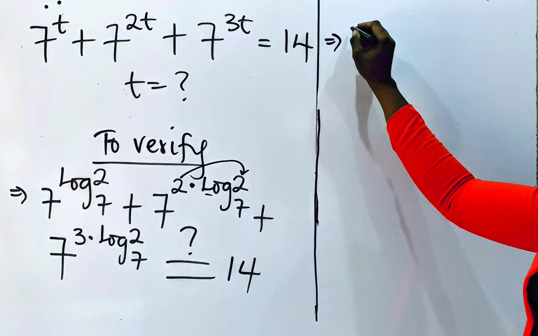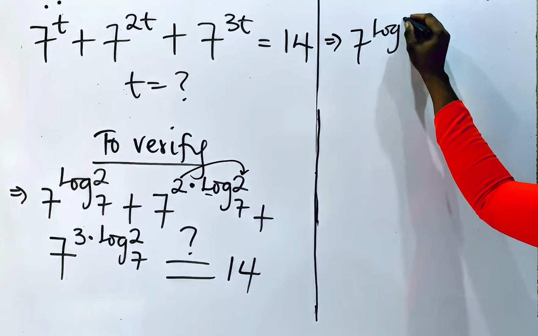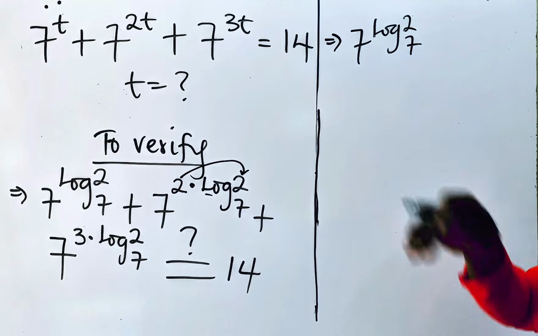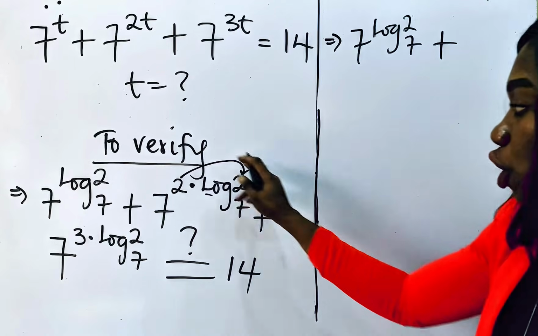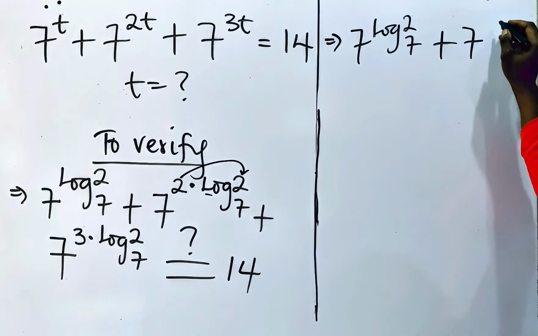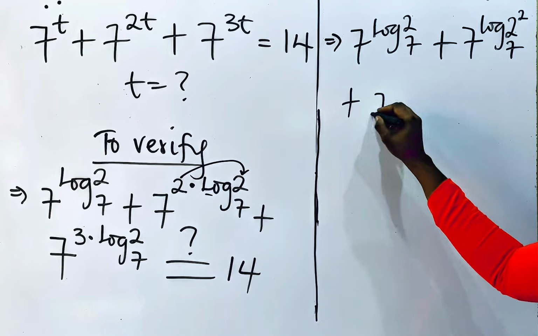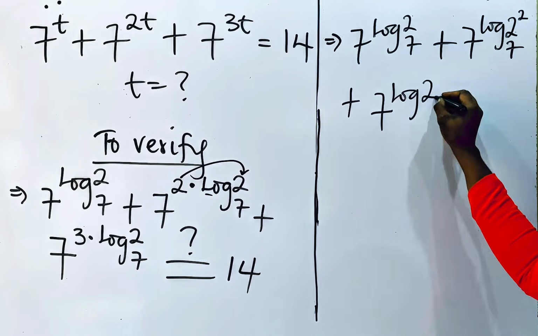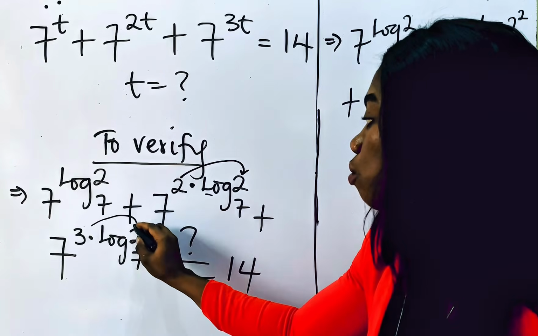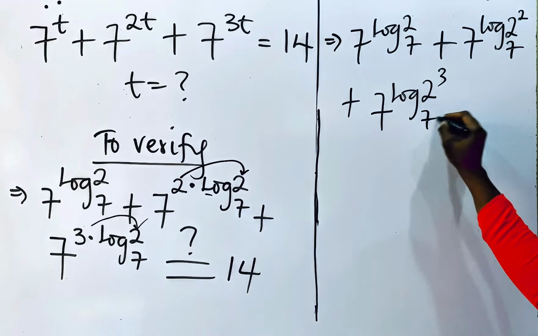So we now have 7 to the power of log 2 base 7 plus, this becomes the power, so we now have 7 to the power of log 2 squared base 7 plus 7 to the power of log of 2 cubed. This also becomes a power, so we have base 7.